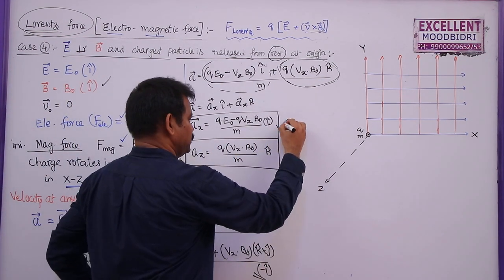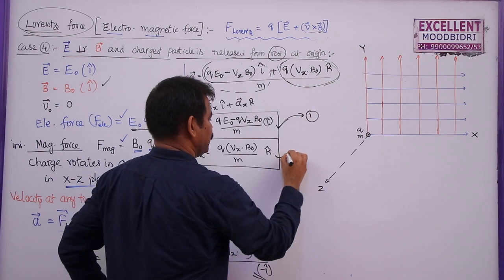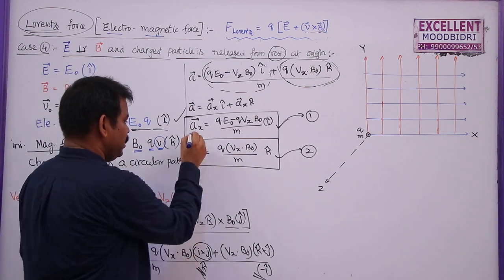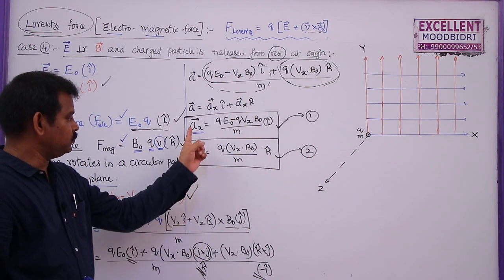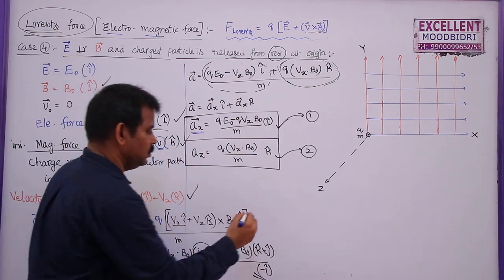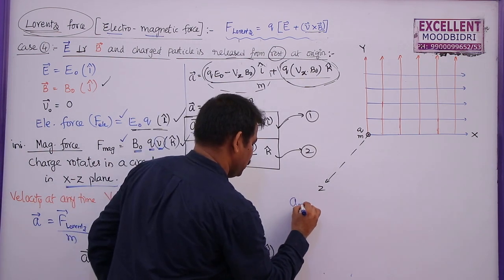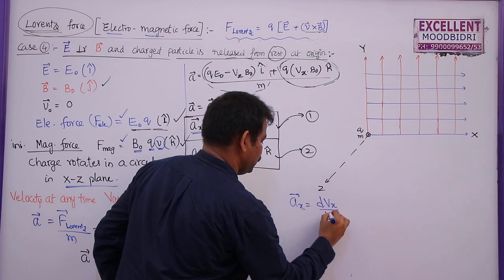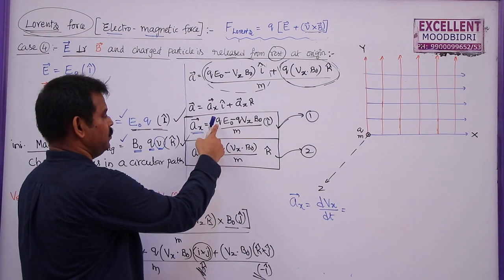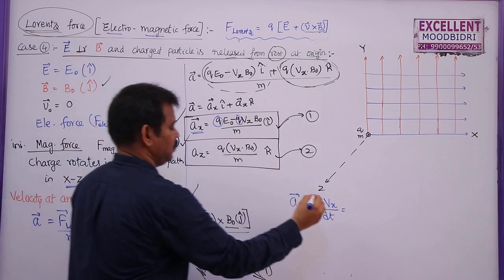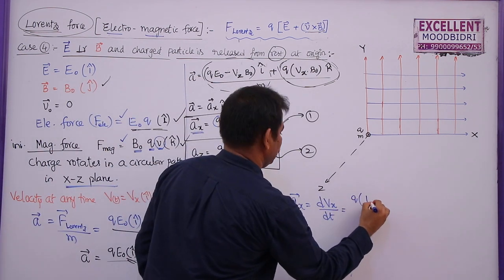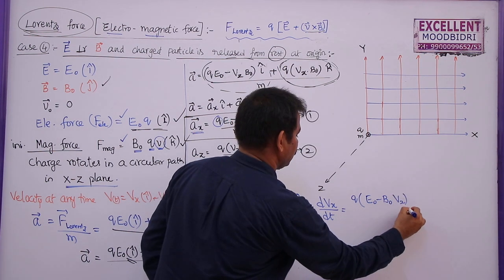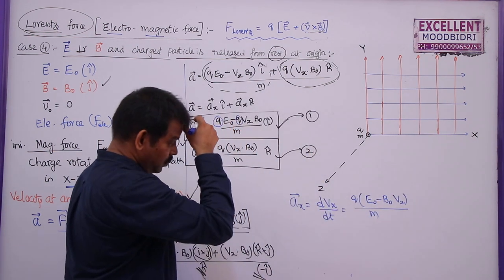If you take the first equation, I will take this as equation 1 and this as equation 2. In the first equation, Ax is nothing but rate of change of velocity along x-axis. So I am going to take Ax is equal to dVx by dt, which is given by, you can take this q common here, q times (E naught minus B naught Vz) by m.